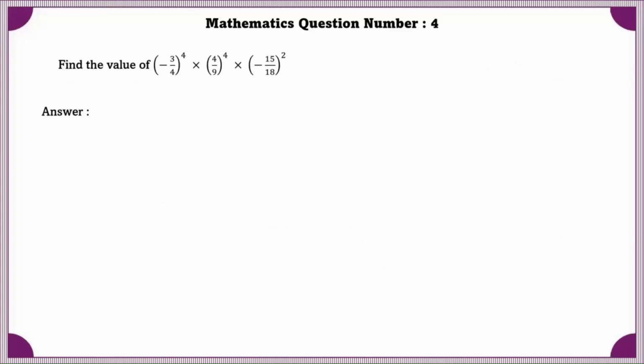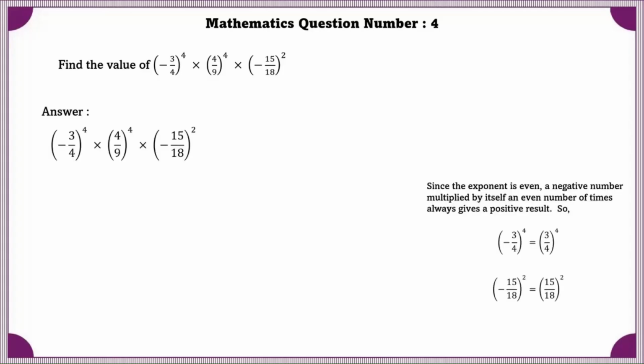Mathematics question number 4. Find the value of (minus 3/4) to the power 4 into (4/9) to the power 4 into (minus 15/18) to the power 2. Since the exponent is even, a negative number multiplied by itself an even number of times always gives a positive result.